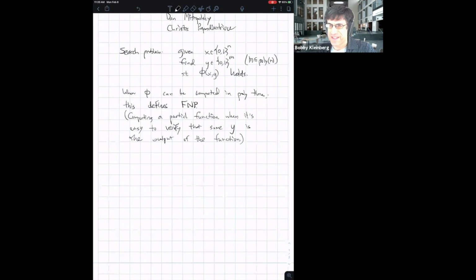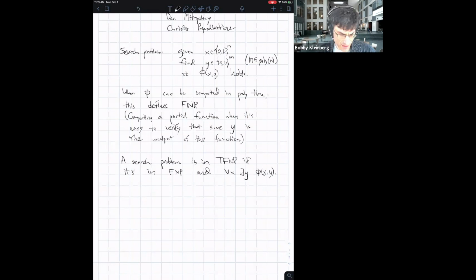For many interesting classes of problems, this is a total function. So we say a problem is in TFNP if it's in FNP, and for every input, there exists a Y such that phi of xy holds.